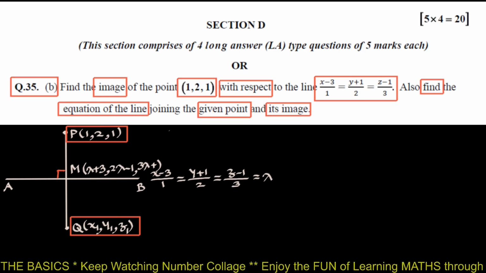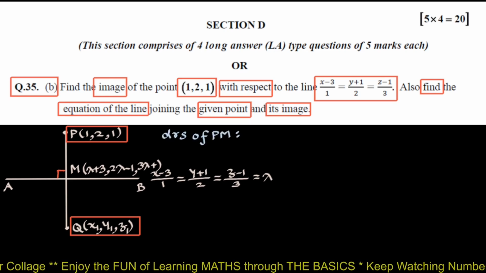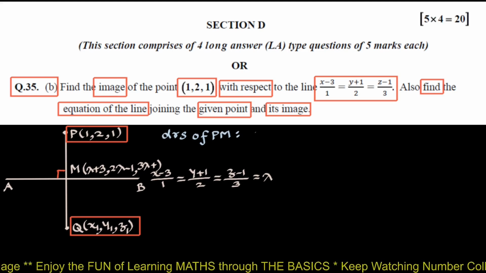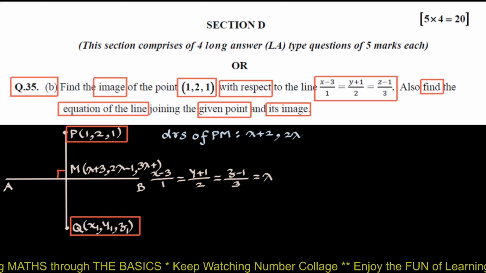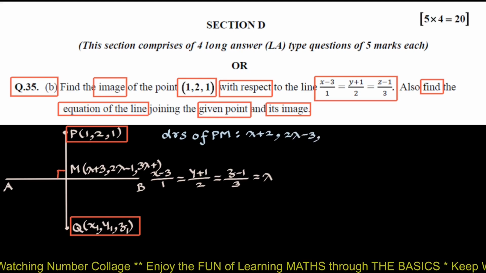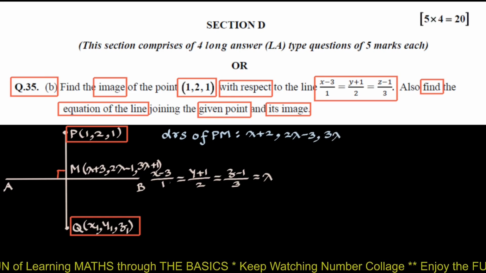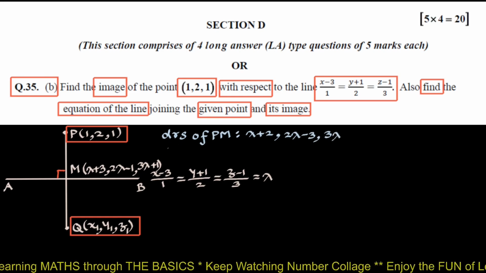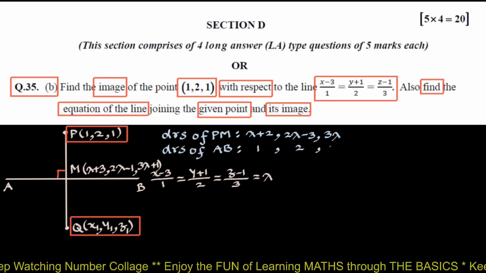From this we will find direction ratios of PM as lambda plus 3 minus 1, lambda plus 2, 2 lambda minus 1 minus 2, 2 lambda minus 3, 3 lambda plus 1 minus 1, 3 lambda. And from the equation of line AB, we have DRs of AB are 1, 2, 3.